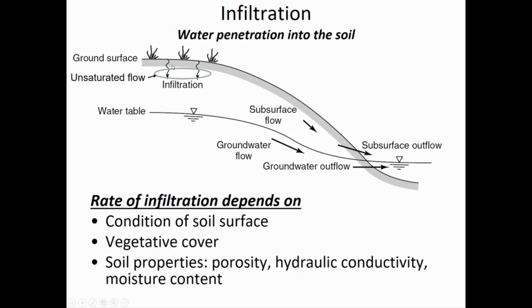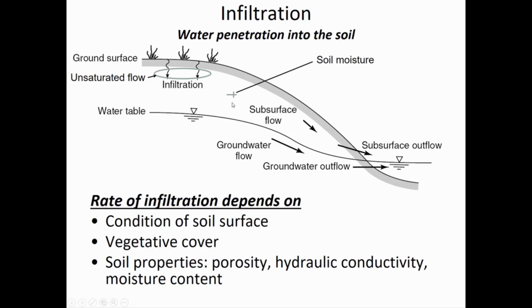So the unsaturated flow is just movement of the water where there is some air in the voids. So below the water table, all of the voids are fully saturated with liquid, but above the water table, it's not that the soil is totally dry, it's just that the voids are partly air and partly moisture, some mix of the two.